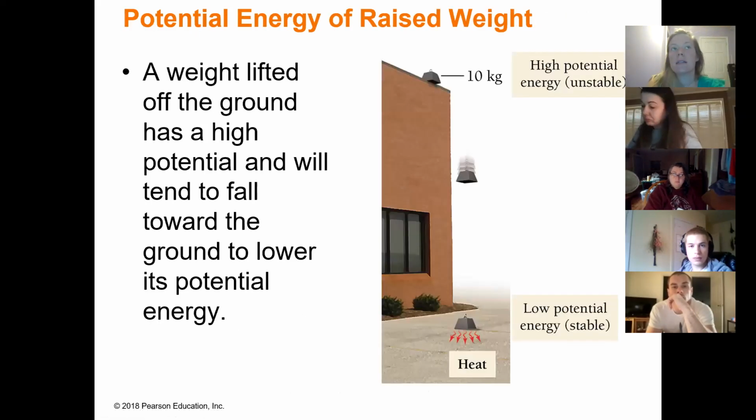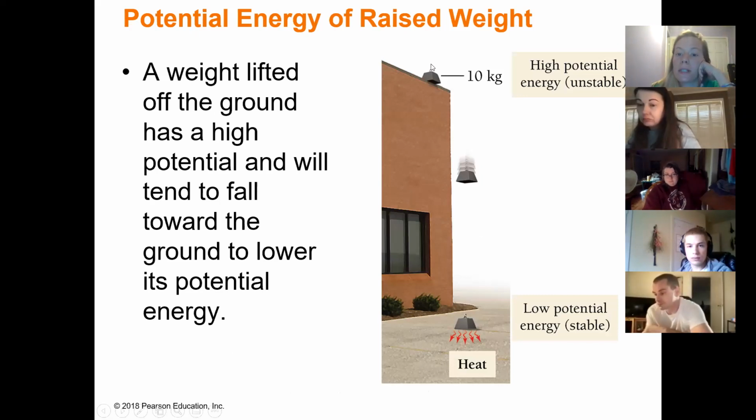So energy is constantly shifting states in the universe. Here we have a weight that was brought up to the top of this building, and at the very top here, it has a high quantity of potential energy because you used kinetic energy from your body to move that weight up to the top. It's got more of an effect from gravity than the weight down at the bottom.